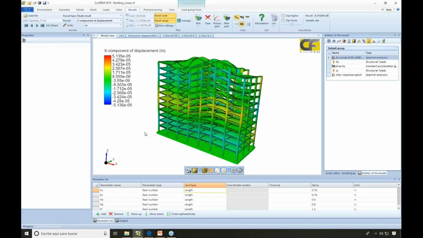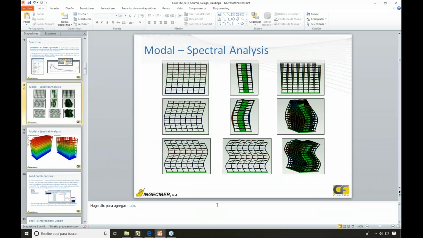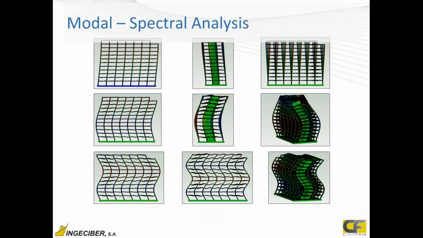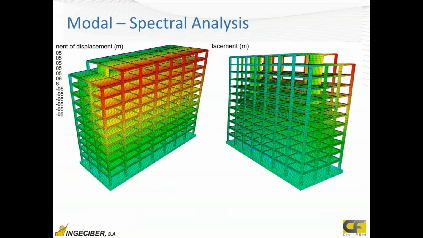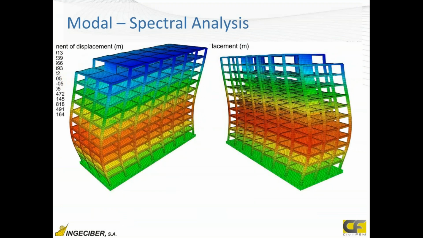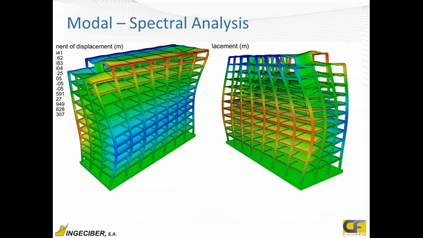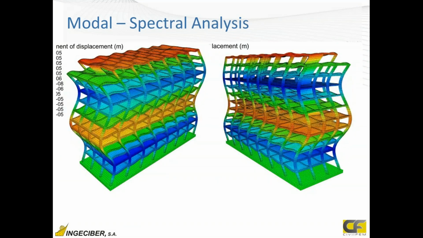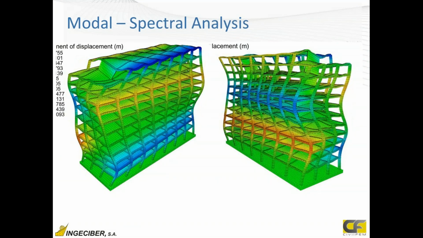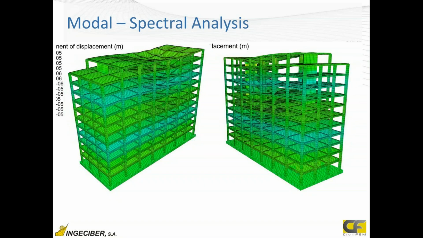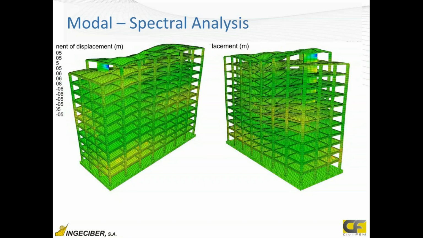We can animate the process, of course, and we can see here the different modes animated. CivilFEM has a video generation tool, and in this case we used that tool to plot our modes.